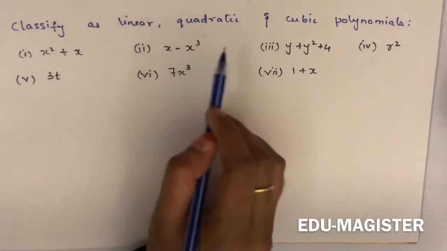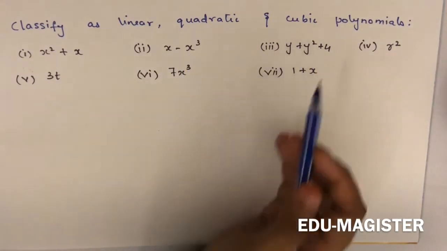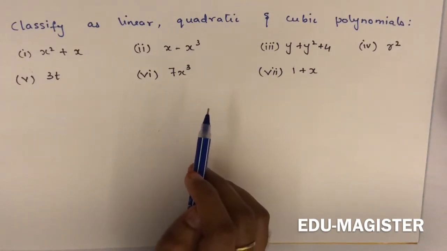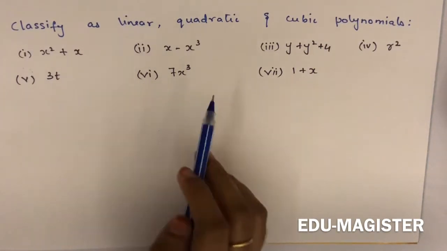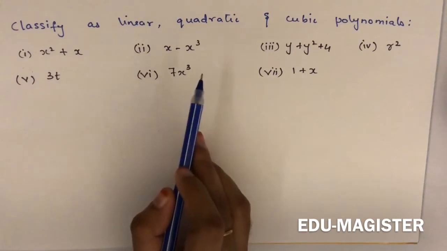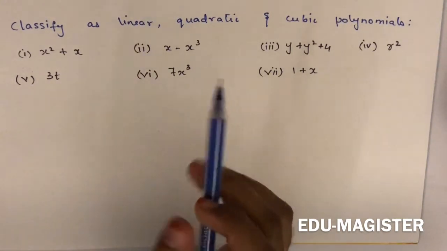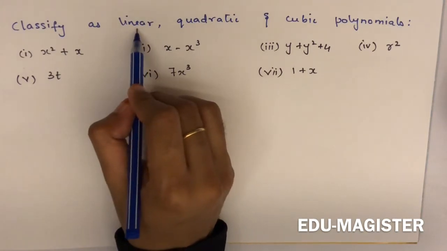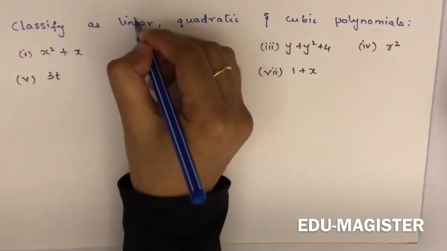Classify as linear, quadratic and cubic polynomials. Here they have given a few polynomials and they are asking us to classify these polynomials as linear, quadratic and cubic. As we all know, a linear polynomial is a polynomial with degree 1.